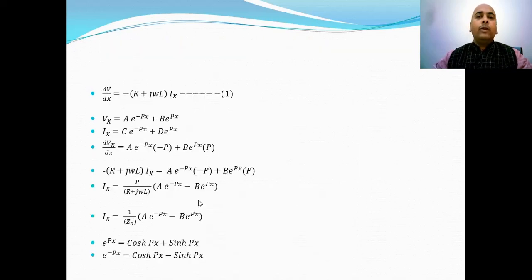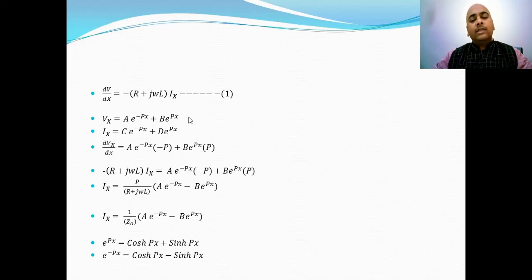In order to derive the input impedance from the model of the transmission line, we know that the rate of change of voltage with respect to distance at point x can be written as minus (r plus j omega L) into Ix.